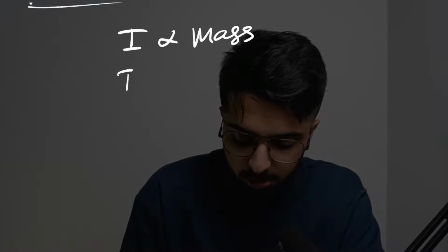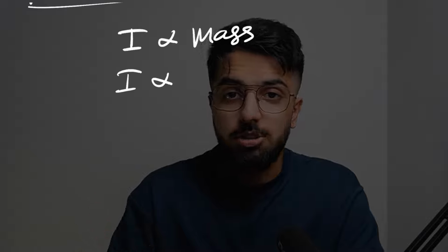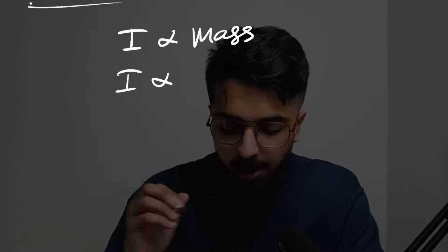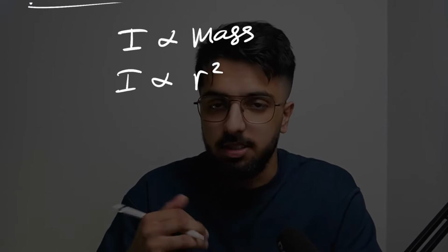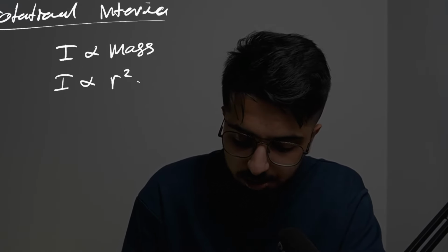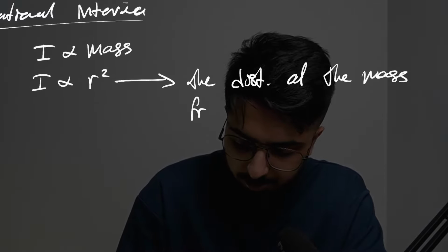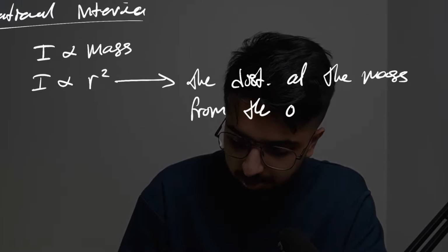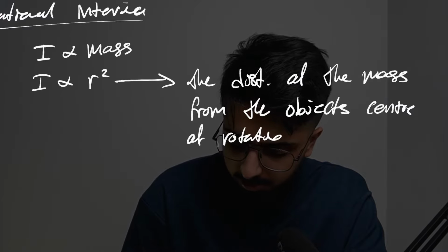Now, rotational inertia also includes another aspect, which is how this mass is distributed about the object's center of rotation, and we can refer to this as r, and this quantity is squared in this case. And so putting it into words, r is the distance of the mass from the object's center of rotation. Okay?